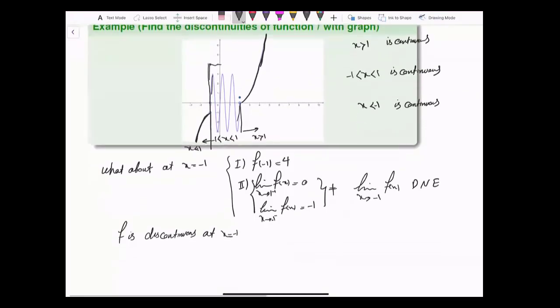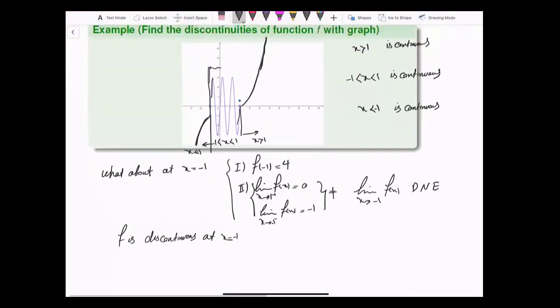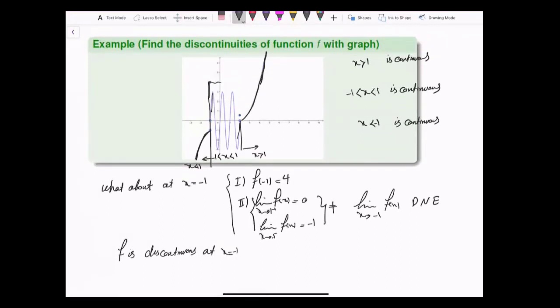Okay? How about at x equal to 2? Why did I do all these things wrongly? This is number 2. Here is 2. Sorry about that.